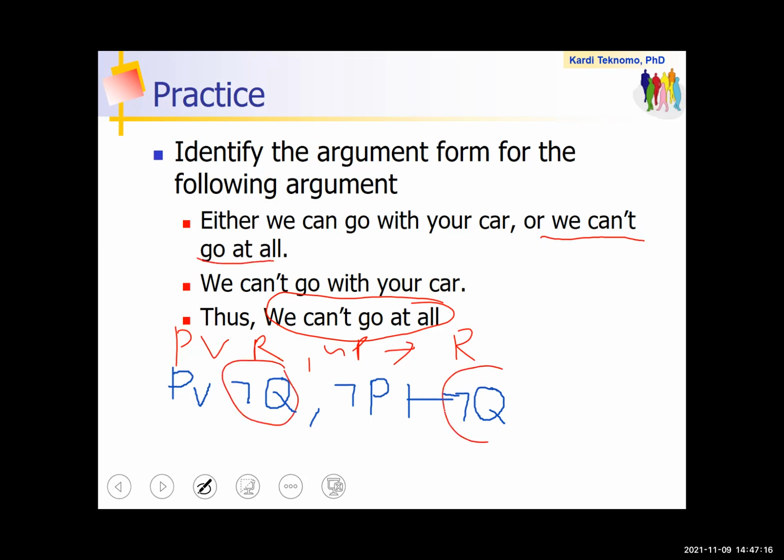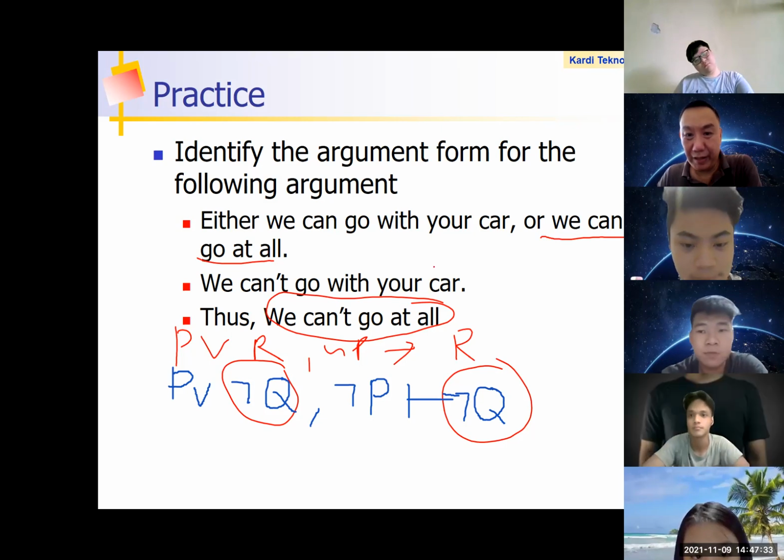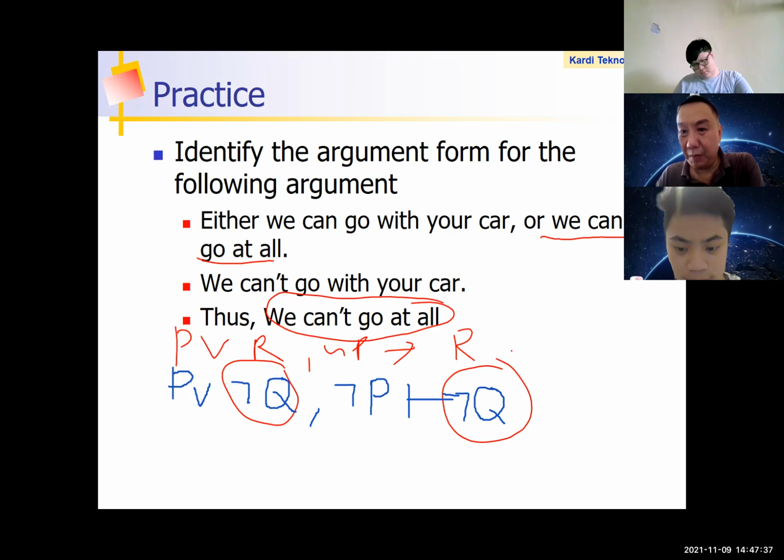Then this one must be not Q, the same. So if you don't want it, you can put it as positive. So then I'll call this R. So, possible? You can replace the negative part as positive, no problem. Okay.